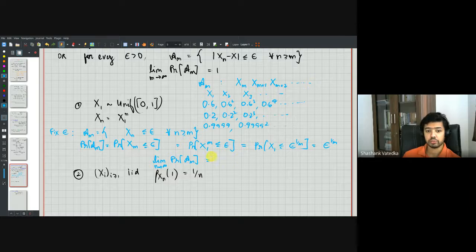All right. So here in this particular example, it is saying that xm plus 1, xm plus 2, and so on, all of them are less than or equal to epsilon, right?